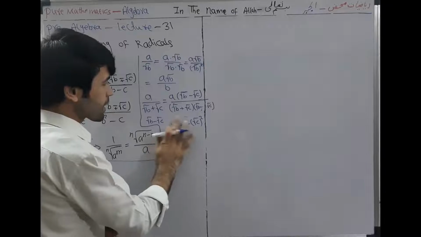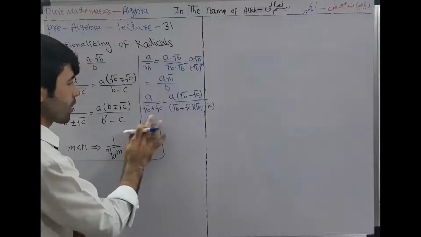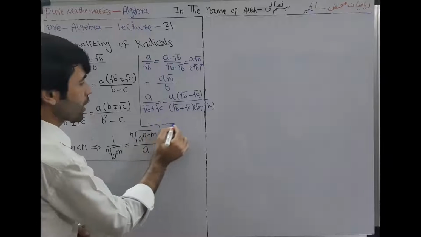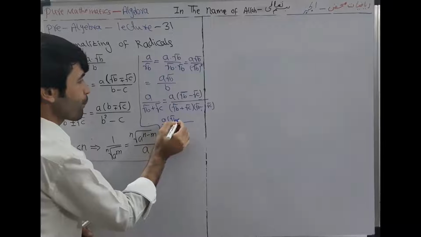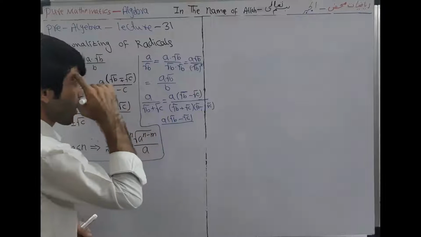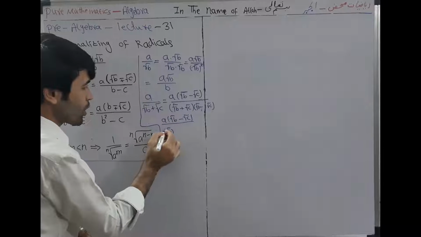We want to write this step. Here in the numerator we have a into square root of b minus square root of c, over square root of b multiplied by square root of b, square root of b whole square.